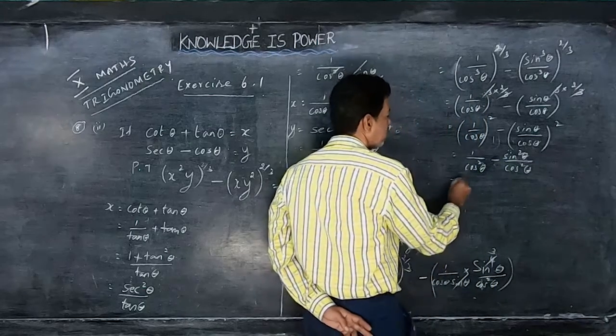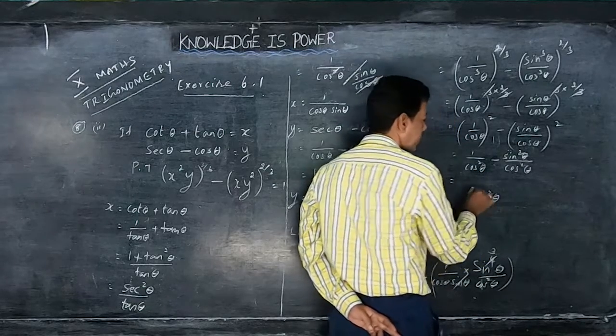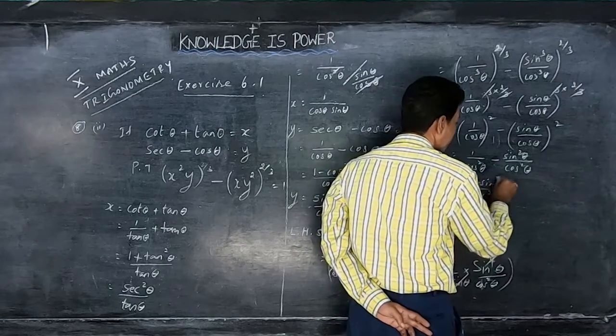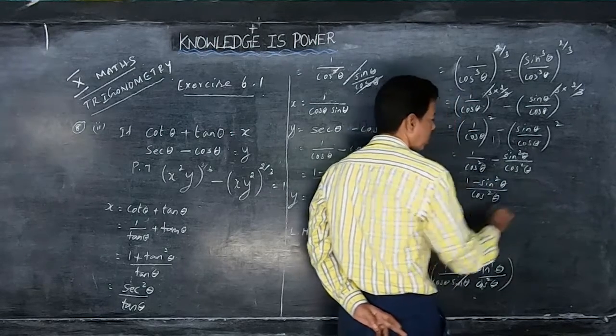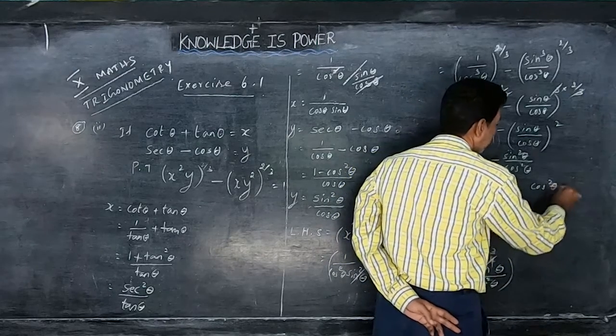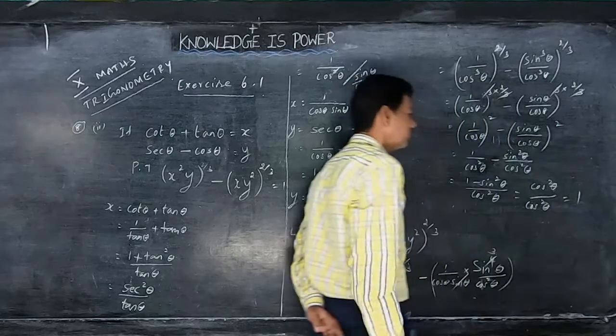Okay, so what is the LCM? Cos square theta. The numerator is 1 minus sin square theta, which is cos square theta. So divided by cos square theta, equal to 1.